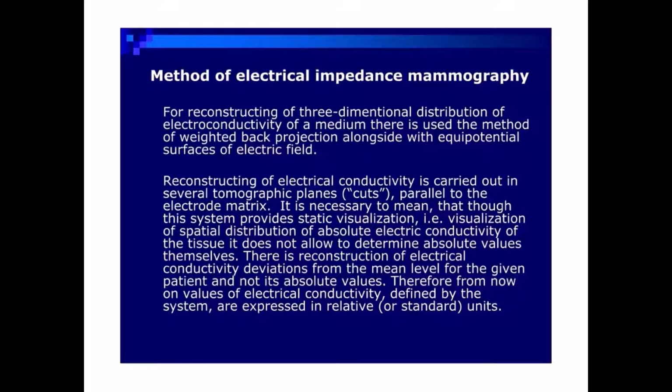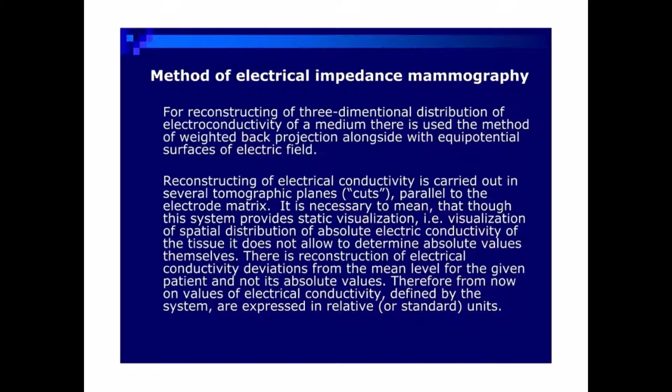For reconstructing the three-dimensional distribution of electroconductivity of a medium, the method of weighted back projection is used alongside equipotential surfaces of the electric field. Reconstructing of electrical conductivity is carried out in several tomographic planes, cuts, parallel to the electrode matrix.